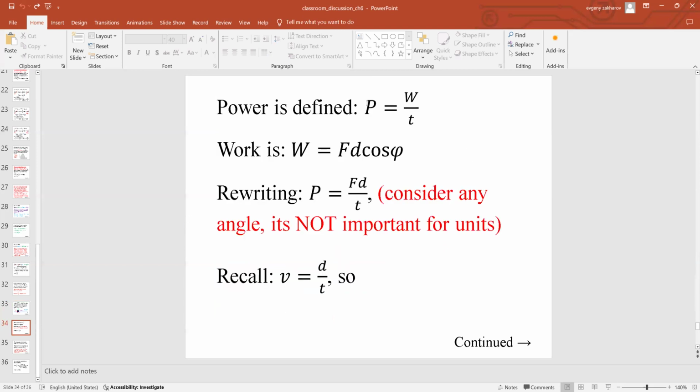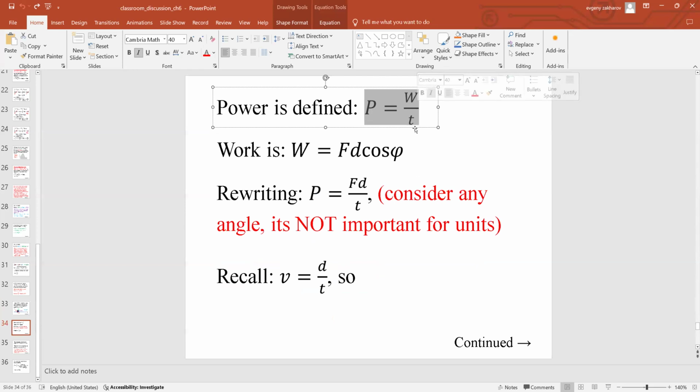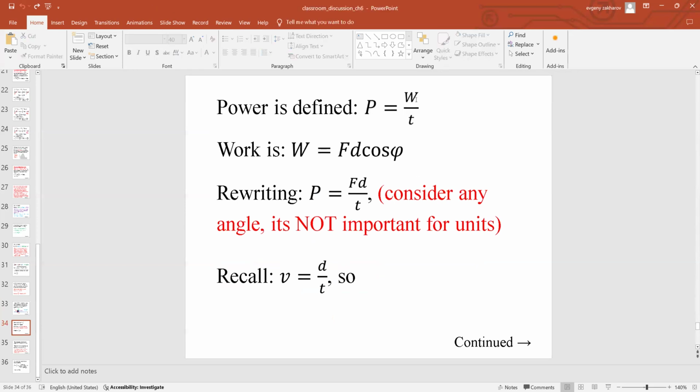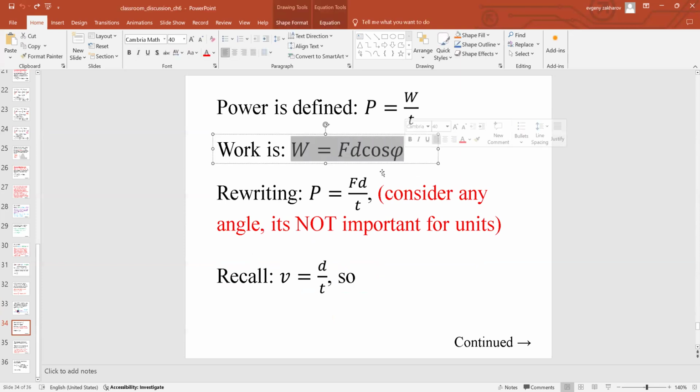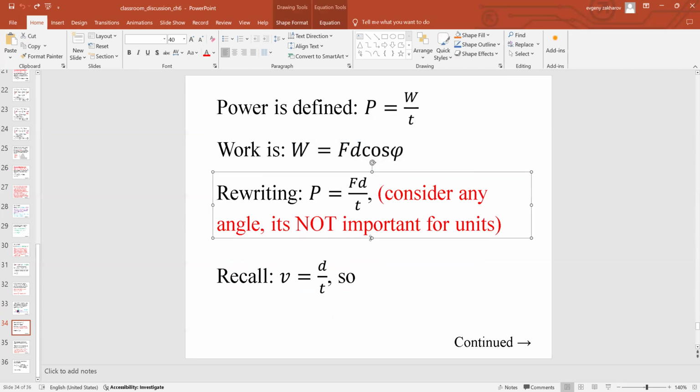Now, what is power? Power is the work done with respect to time, or energy transfer with respect to time. And the definition for work, if it's constant, you calculate as force, displacement, and the cosine of the angle between the two vectors. So if you plug in this definition for work into the power, you will see that it's force, and then displacement over time.